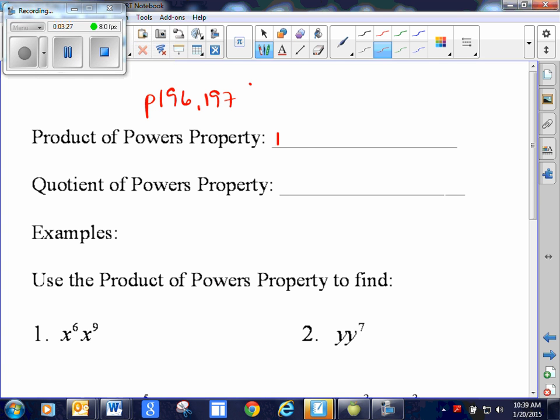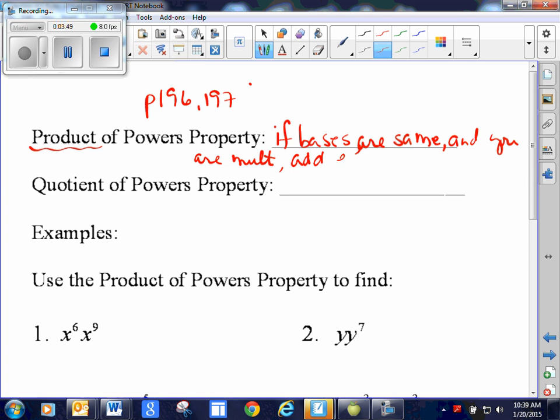Basically, if the bases are the same and you are multiplying, that's what product means, add the exponents, and you have your answer. The quotient we'll come back to in just a minute when we do the division piece.